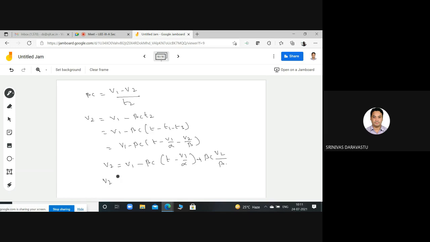So V2 into 1 minus beta C by beta equals V1 minus beta C into T minus V1 by alpha.